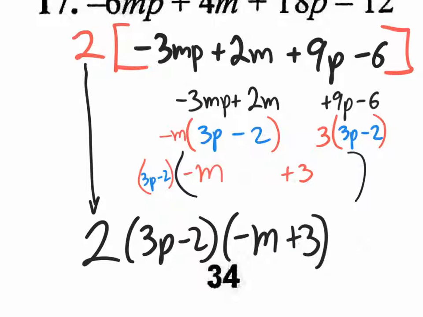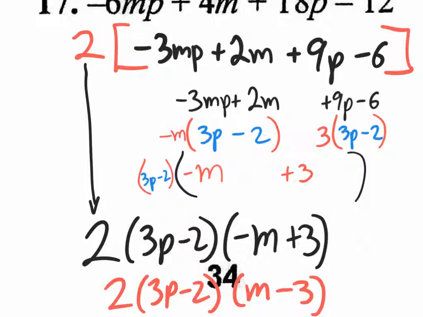Yeah? So right here on this part, just to make it look nicer, they pulled out a negative 1 from both of these terms, changing it to the final answer 2, 3p minus 2, positive m minus 3. But of course, the negative sign that we pulled out of here, we need to put it out here in front of the 2. So there's the final answer.